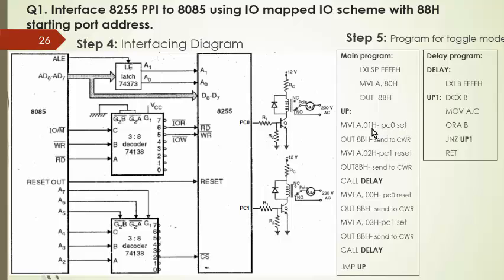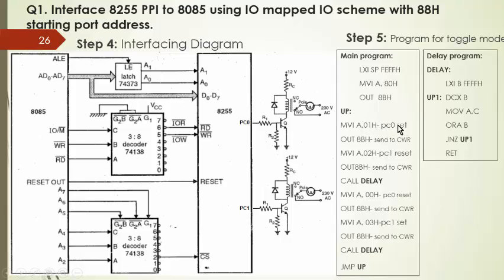Suppose in the first case PC0 is set, so at that time you will get 01 hex. So 01 hex you have to load in the command word register. The bit pattern will be 00000001.